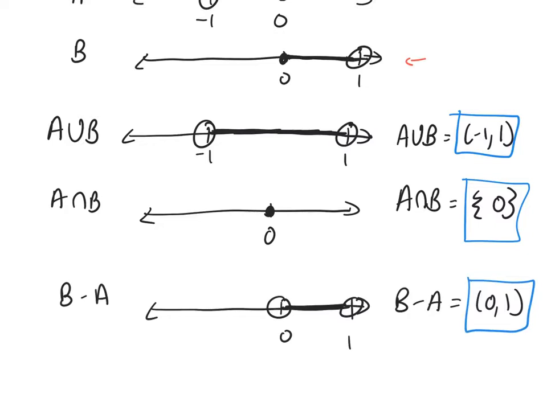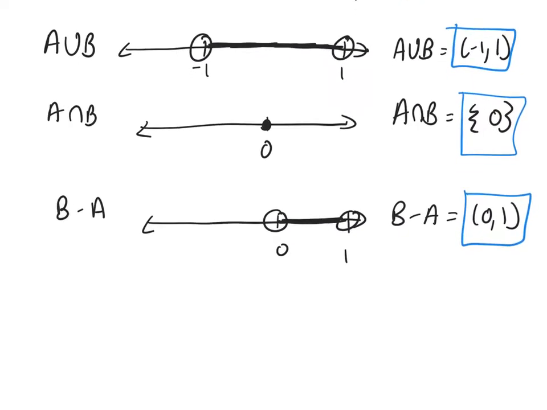And then finally, A complement. So you have from -1 to 0. And so you're going to shade in the opposite parts. So here, and then you're going to change your circles. So before at -1 it was open, now it's filled in.